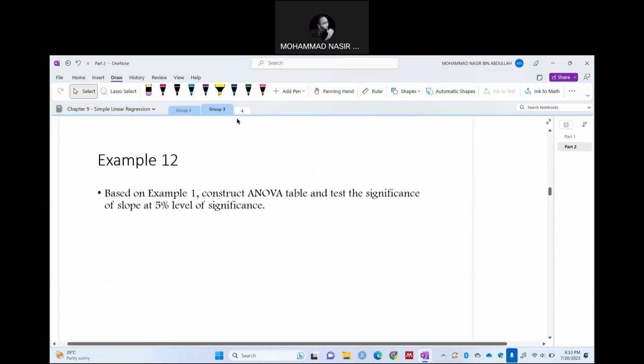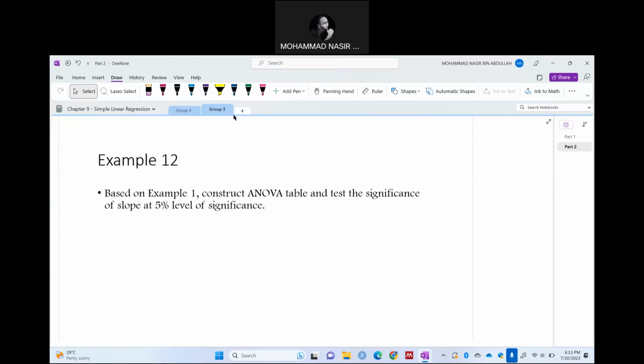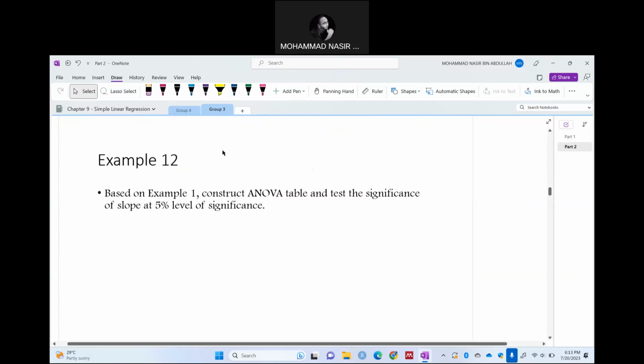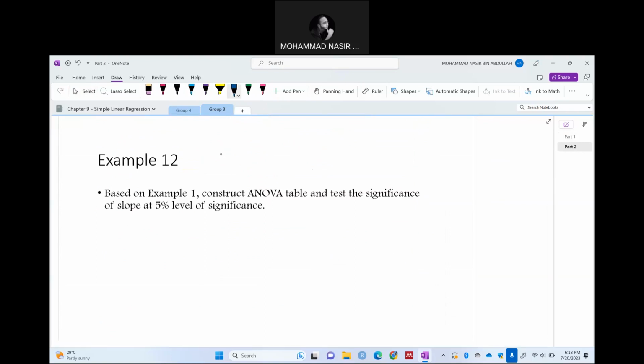Then, let's look at example number 12. In example number 12, we look at example number 1. Remember, last week we have done it. Summation of x equal to 58.62. Summation of x square is equal to 291.231.